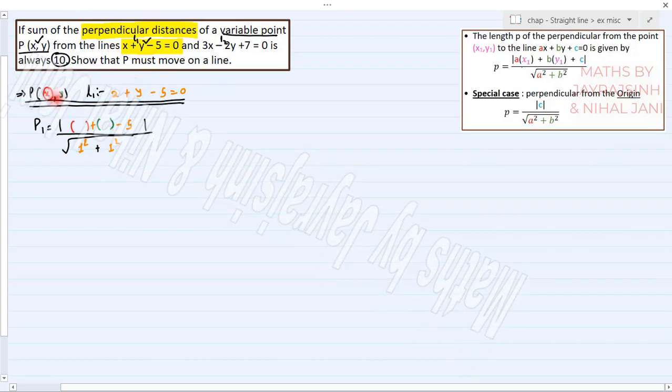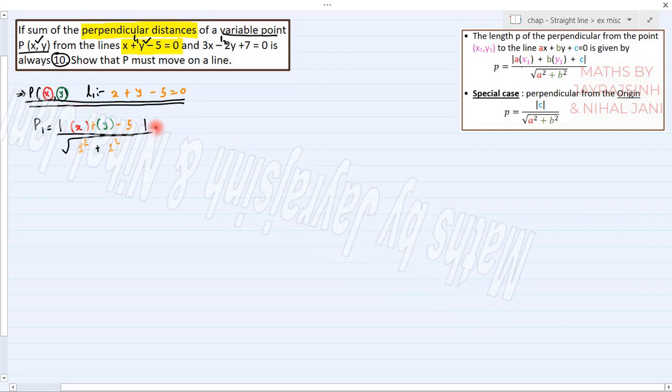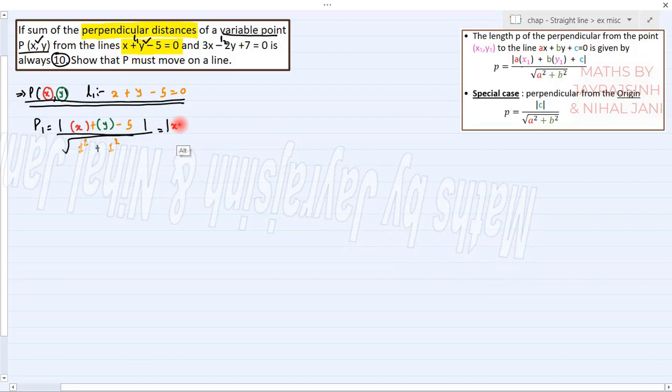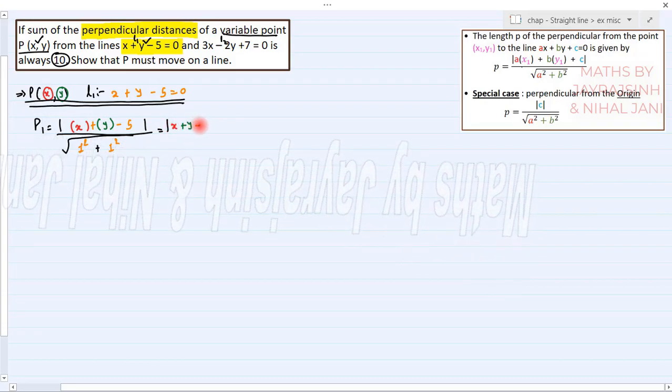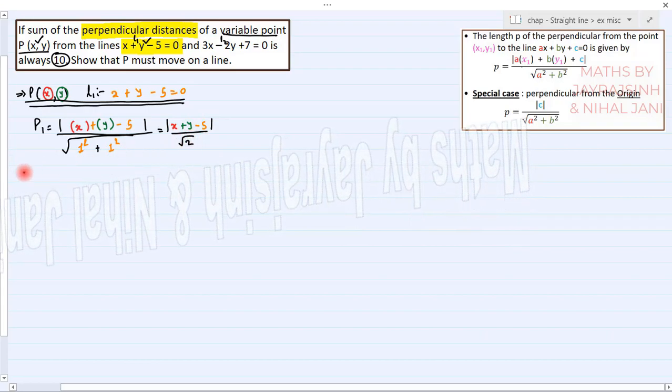Instead of the first bracket, we place the x coordinate, and in the second bracket, we place the y coordinate. So we'll get mode of x plus y minus 5 upon under root of 2.